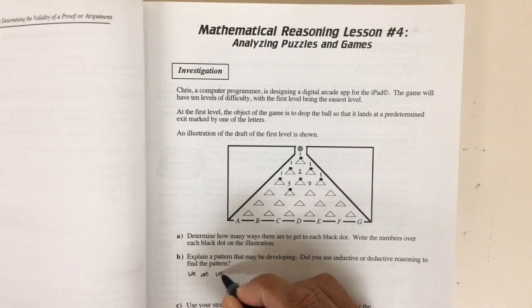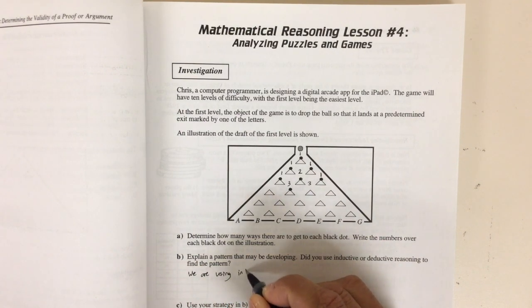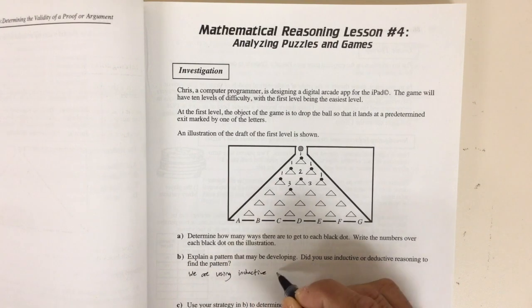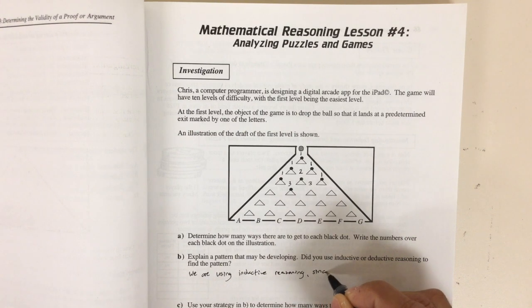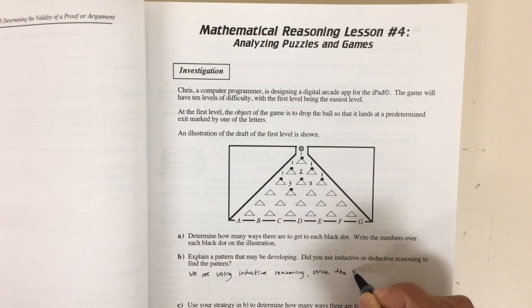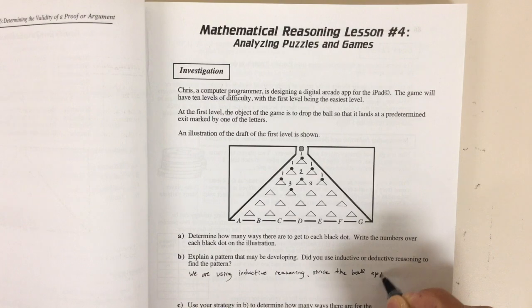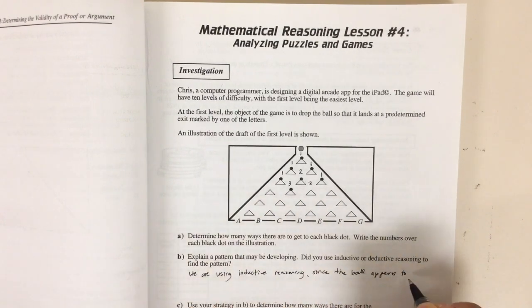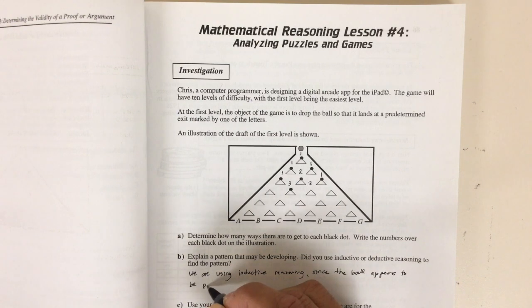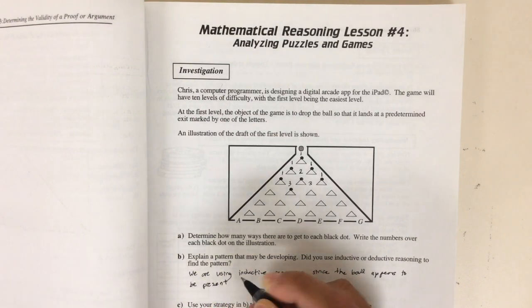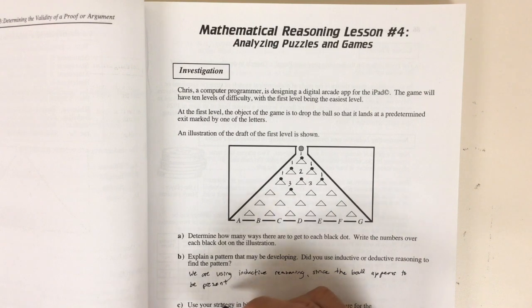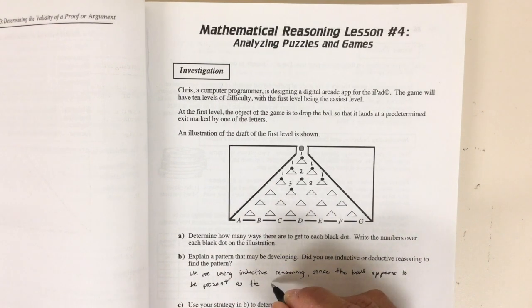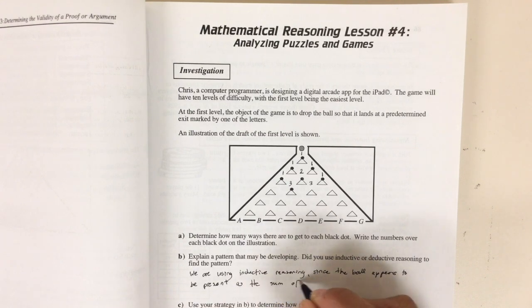So we are using inductive reasoning since the ball appears to be present as the sum of the two numbers before it.